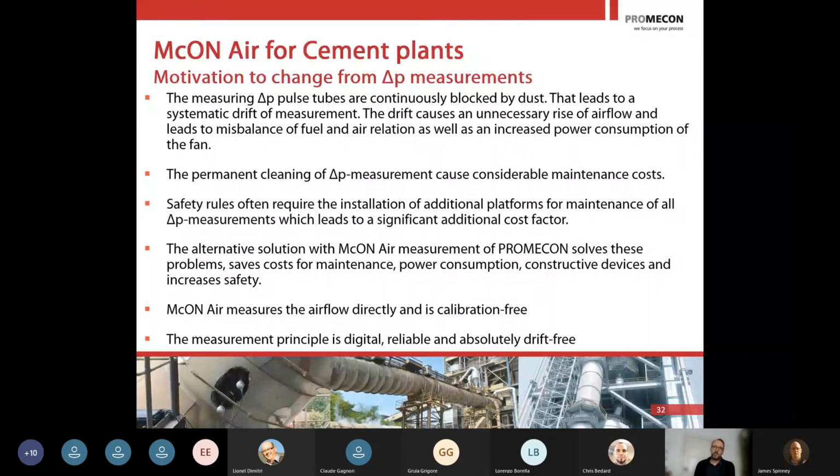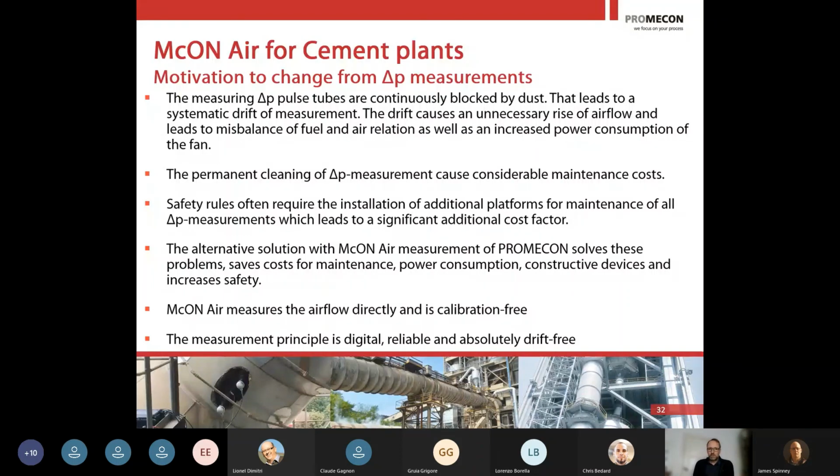Then of course the permanent cleaning of differential pressure measurements causes considerable maintenance costs, because you have to pay the person who is cleaning your DP measurements. The cleaning also requires additional installation of platforms for maintaining all DP measurements, which, when you plan a new plant, is of course an additional cost factor.